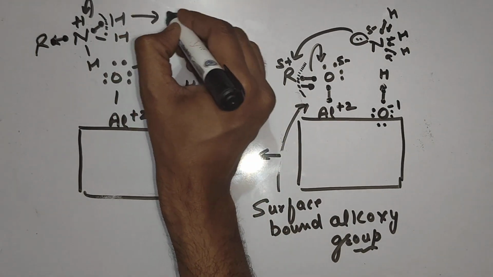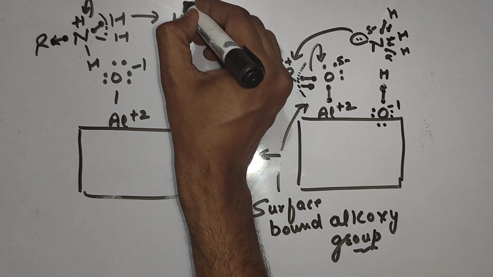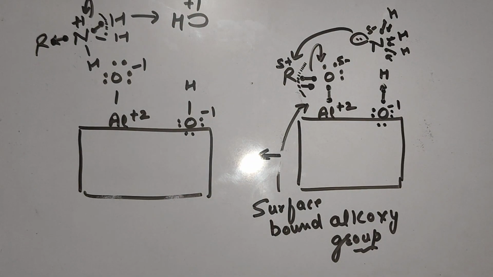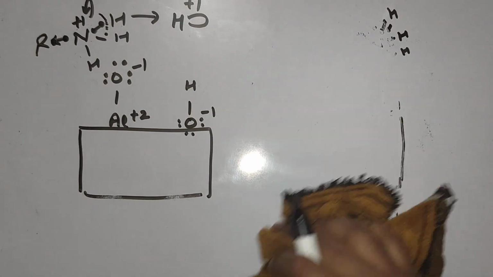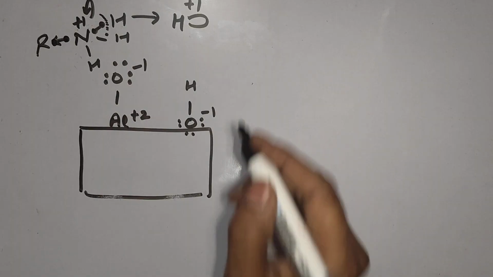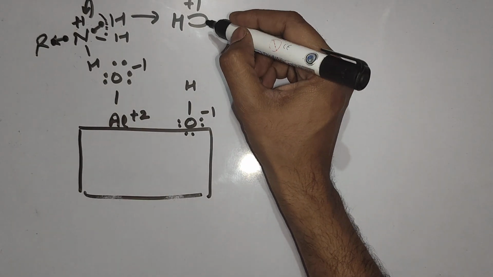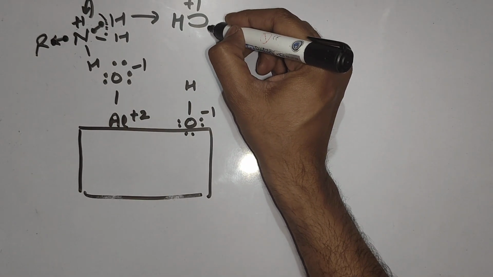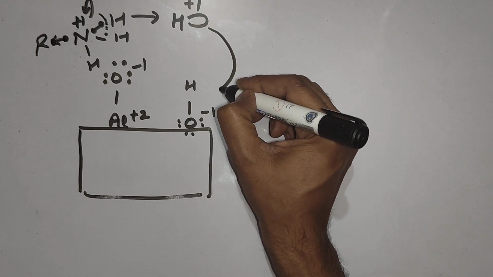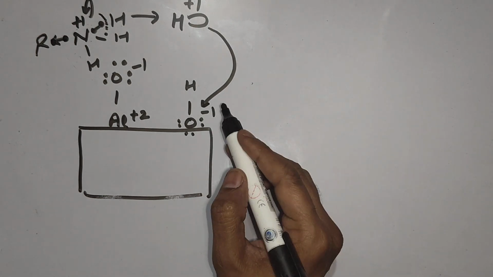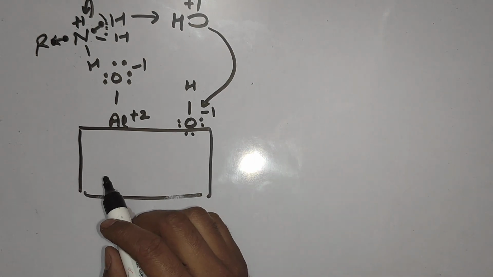So from here, H positive will be released with a vacant orbital. This one. Now, this H positive will attack this neighboring oxygen, O minus 1, this one.